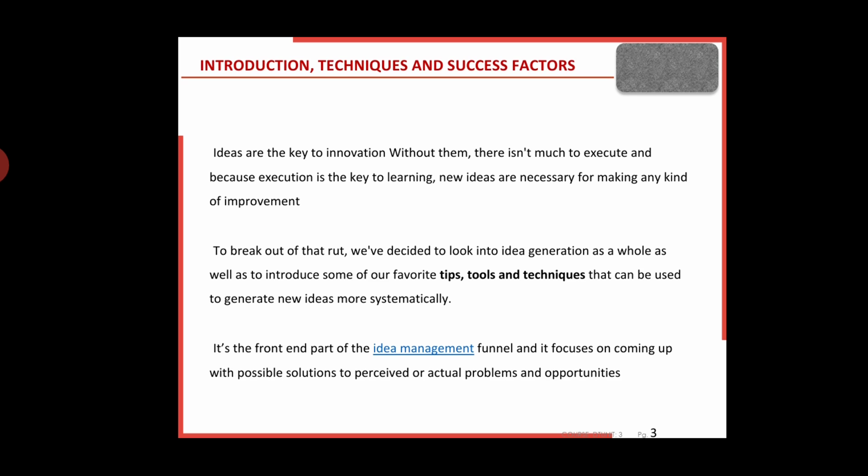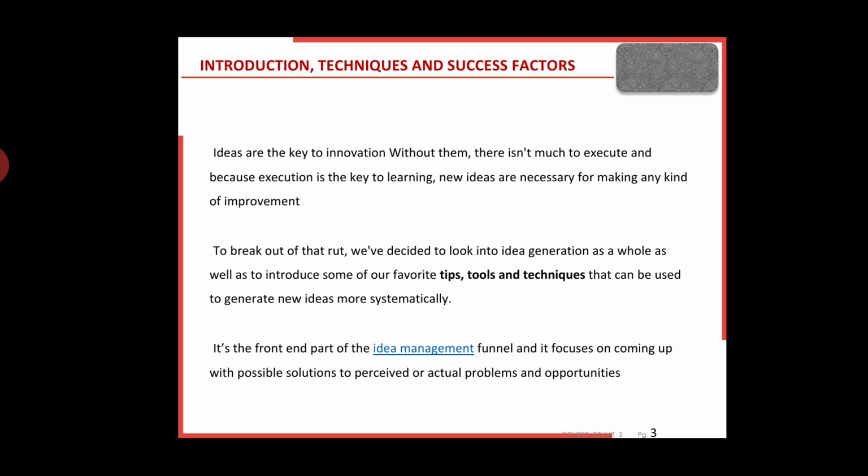Ideas are the key to innovation. Without them there is not much to execute, and execution is the key to learning.